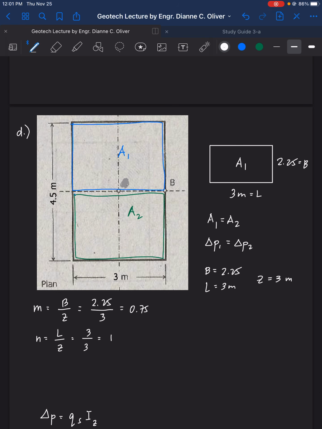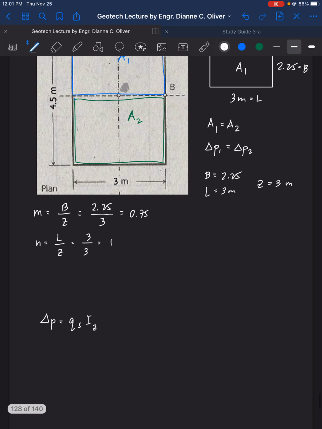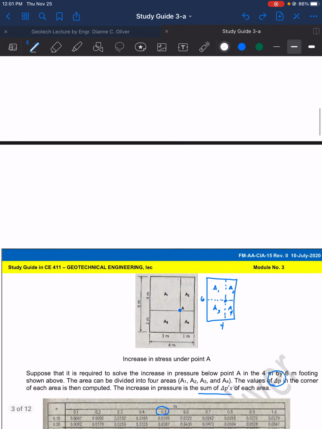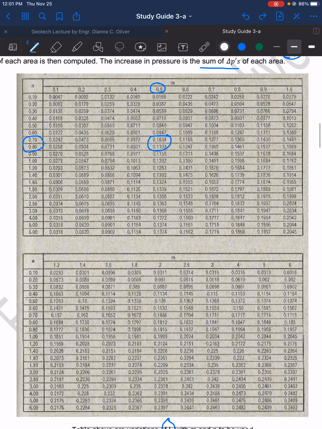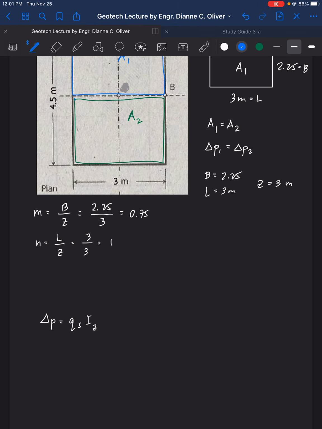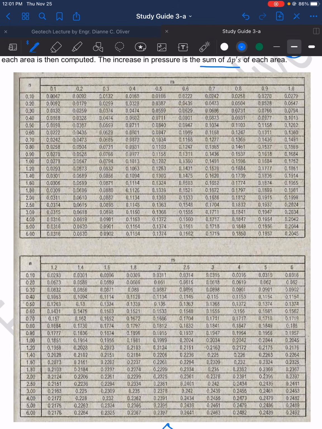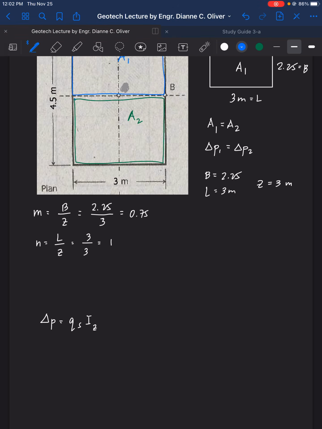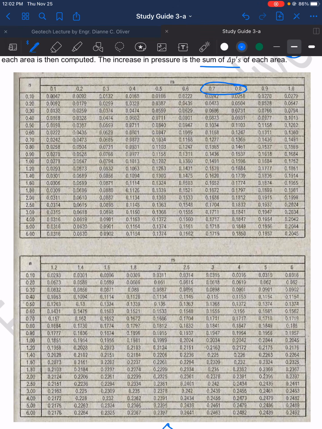From this table, we have M is 0.75. So in between here, between 0.7 and 0.8. Then we have N is equal to 1. So N is here.